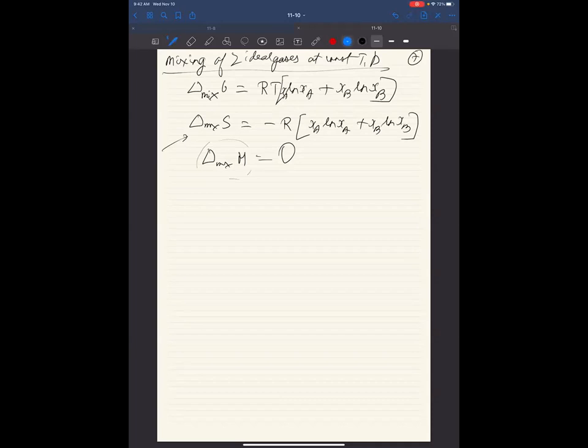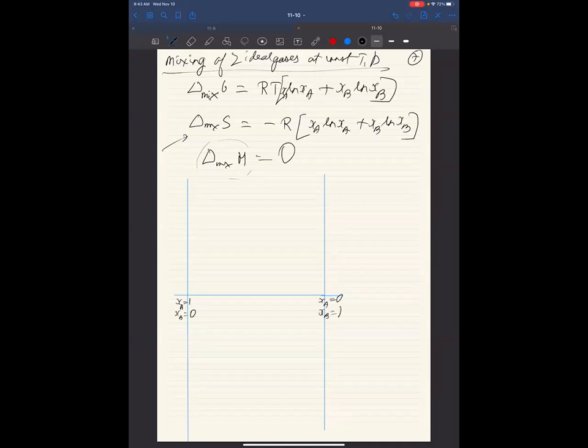So let's make a plot. In this plot, this is XA is equal to 1, XB is equal to 0, and here XA is equal to 0, XB is equal to 1.